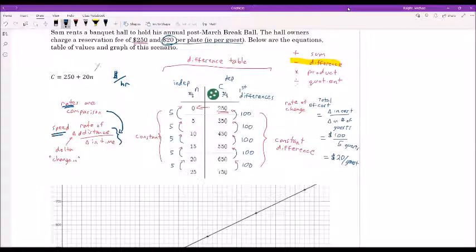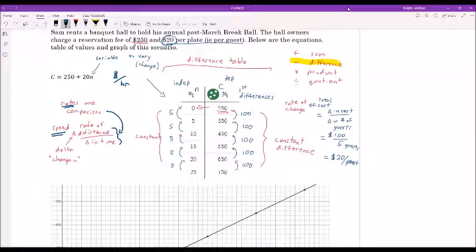But the $20 is part of the variable fee, because we know that n, the number of guests, is the variable. That comes from the word "to vary," which means to change. Which means, of course, that as we look down at the different rows in this table of values, the value of n is changing.